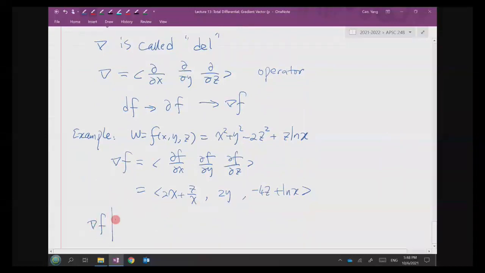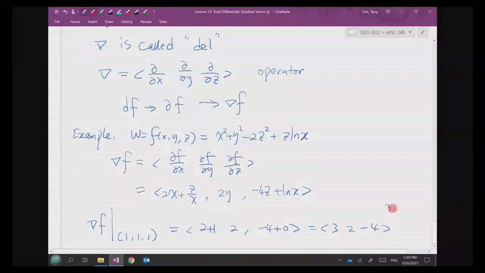And sometimes we're also interested in what this vector is at a certain location. So if you have the actual coordinates, then you can plug the values of x, y, z into the vector. So we end up with 2 plus 1, and 2, negative 4 plus 0, which is 3, 2, negative 4. So the actual gradient vector at this location is given by 3, 2, negative 4.